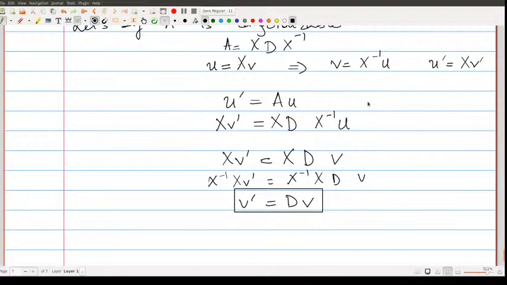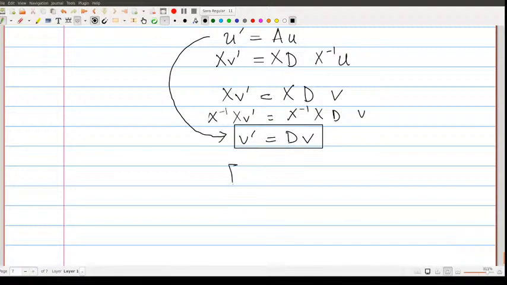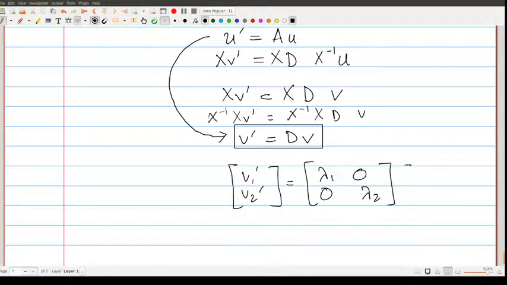But at this point you should be asking, we wanted to solve u prime equal to Au, we just changed that problem into solving a new differential equation, right? What's really the difference? The difference, of course, is that this is a diagonal matrix, and if I have v1 prime, v2 prime, then this is just lambda 1, 0, 0, lambda 2, which are the eigenvalues, times v1, v2.